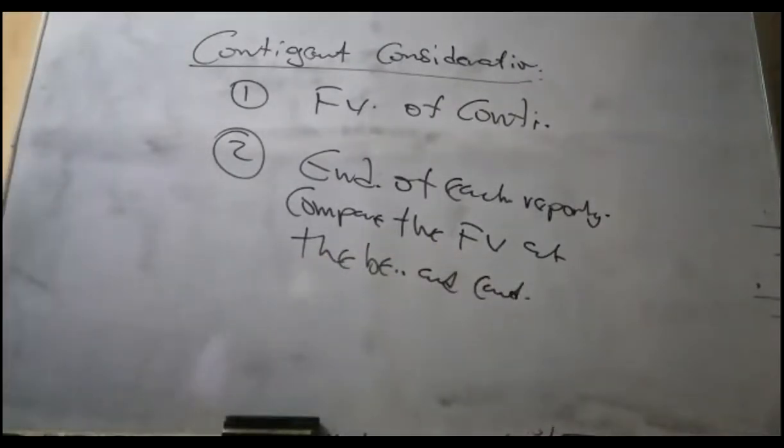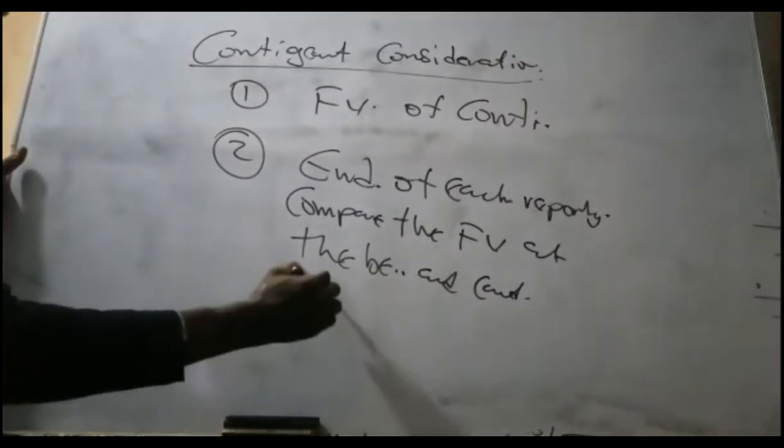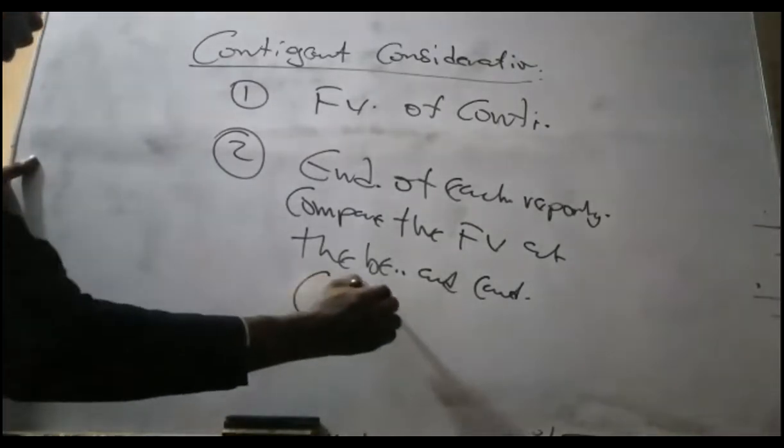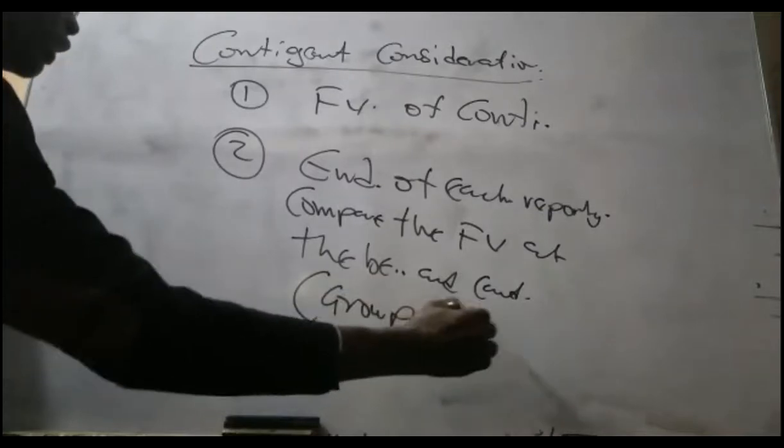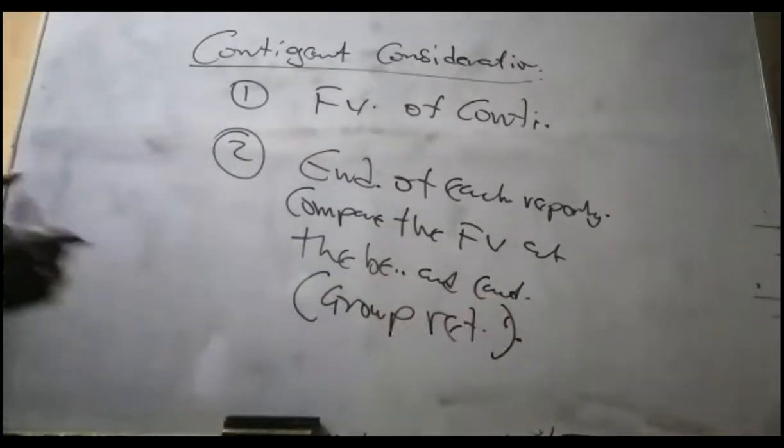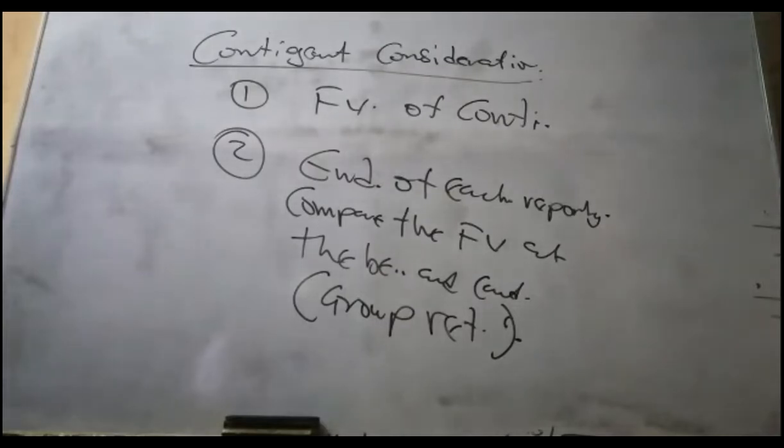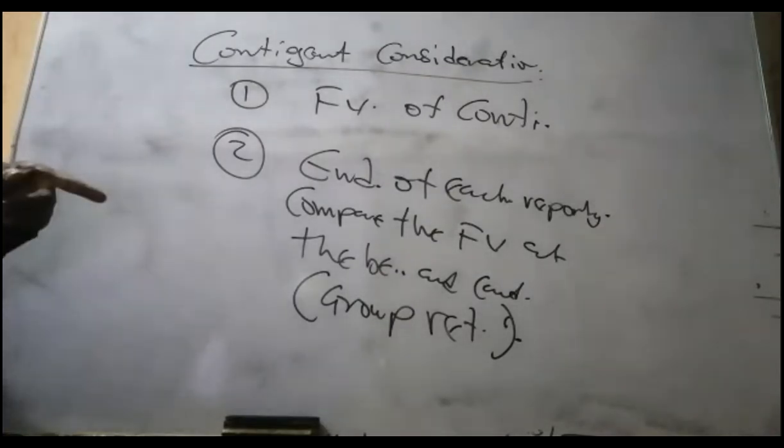And the differences must be reported in where? Group retained earnings. I will explain. The differences must be added or reflected in the parent profit. Wherever the parent profit is, it must go there.